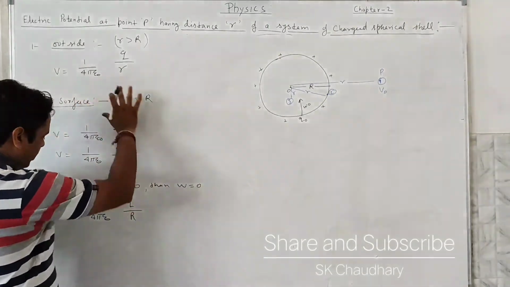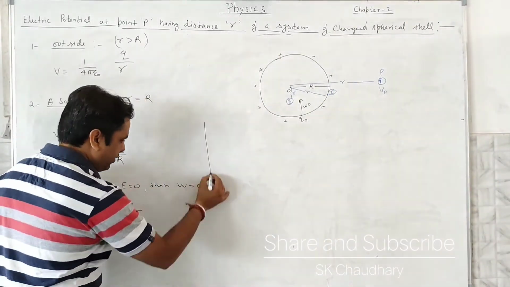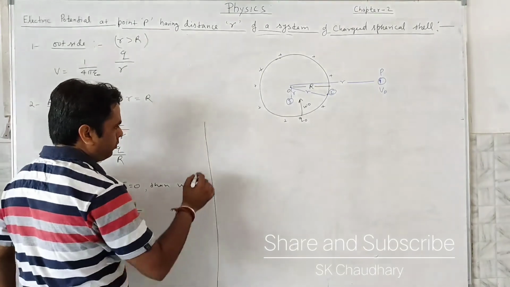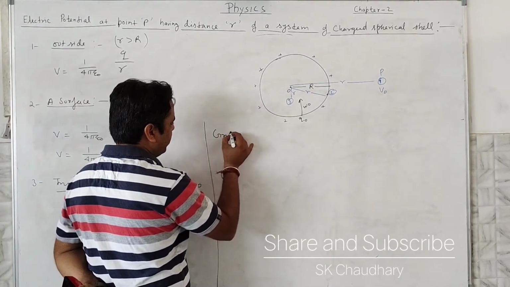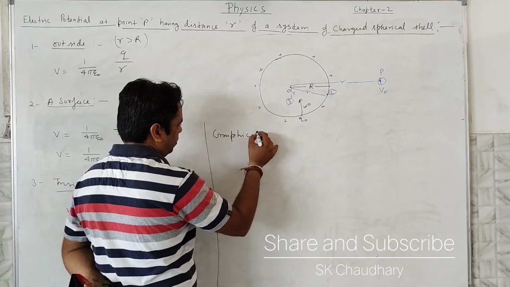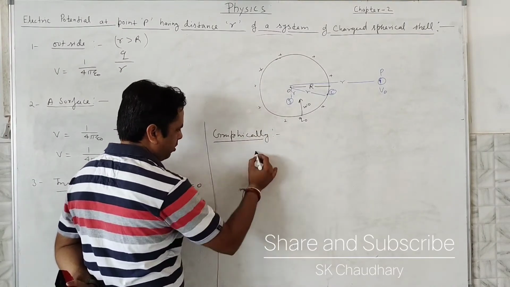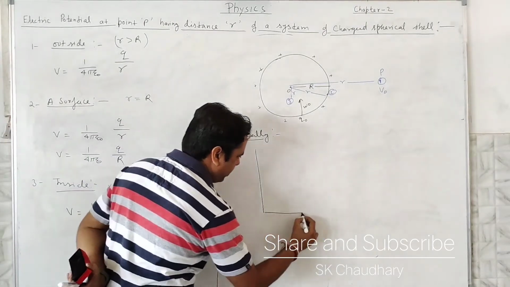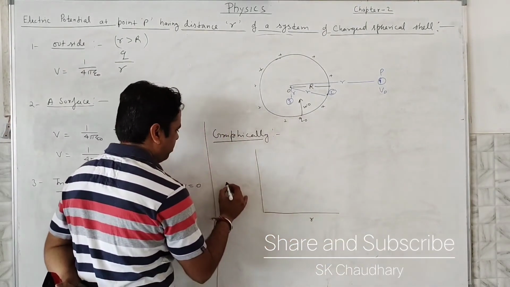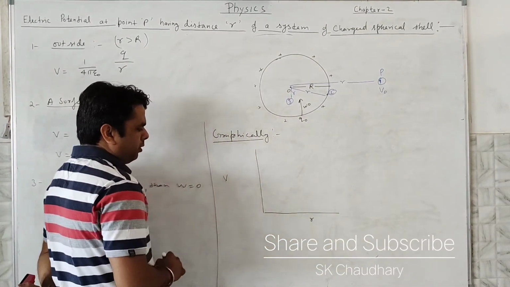Now after seeing all these things, we can give the overall graphical representation. Graphically we can show the relation between electric potential and r, the distance. So what will be the relation?